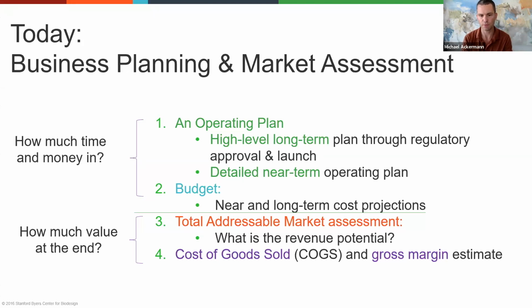So we'll look at how much the costs of goods are, and then you can calculate the gross margin from that. And what's useful here is that these two things together will help you figure out how much it's going to cost over what period of time and what kind of value you could expect at the end. And so that's going to help you and others assess the value of this. And they also happen to be great tools that you can use to manage the team on a go-forward basis too.